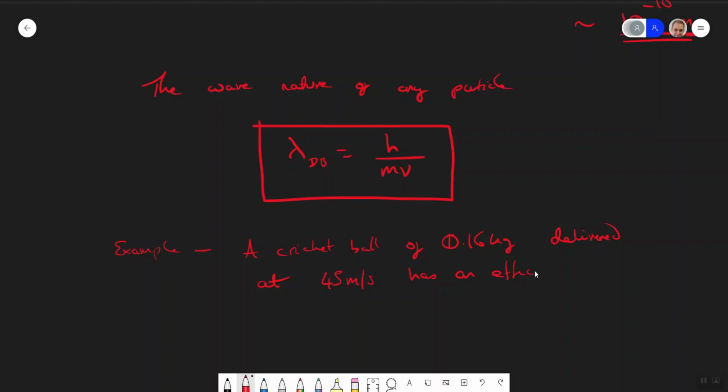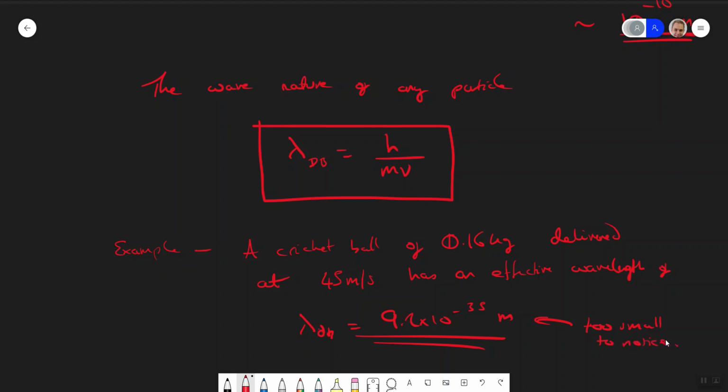It has an effective wavelength of 6.63 × 10^-34 over 0.16 over 45, and that gives us that lambda, the de Broglie wavelength, is 9.2 × 10^-35 meters, which is fundamentally too small to notice.